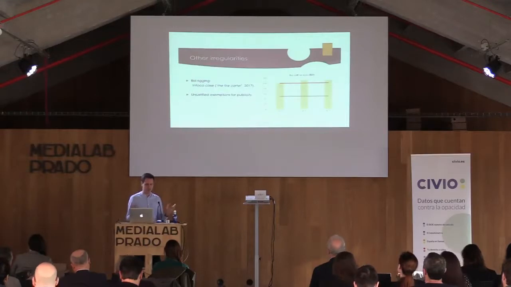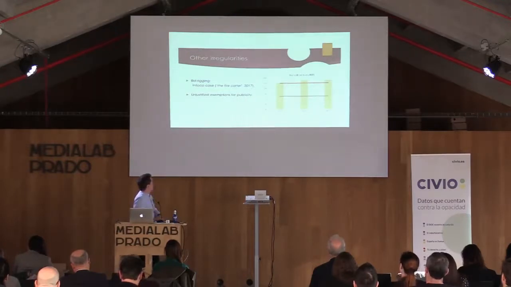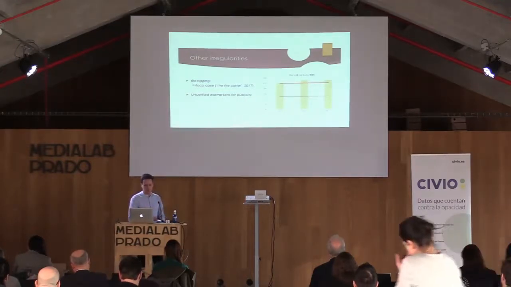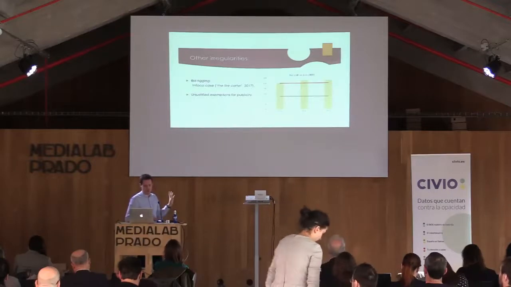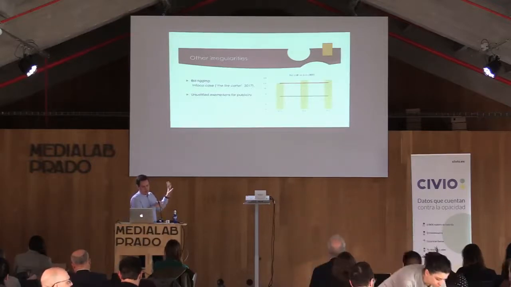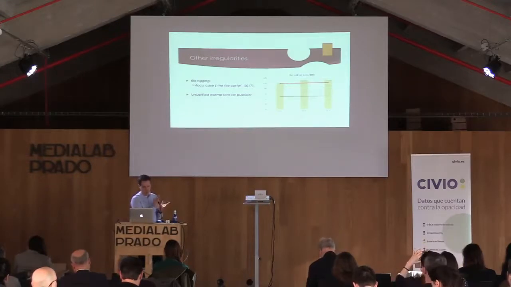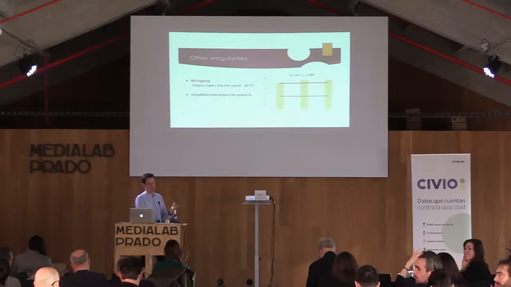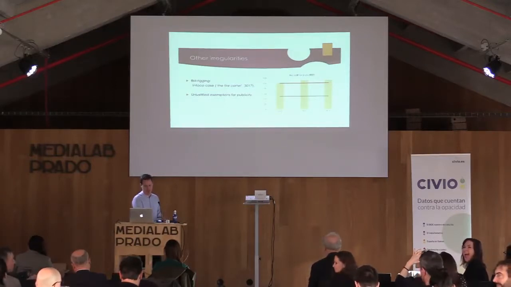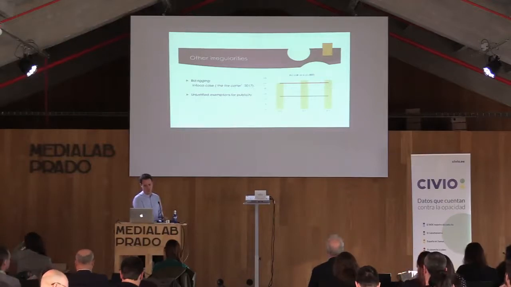And I could probably spend the rest of the evening and part of tomorrow talking about irregularities in Spain, but there's a tight agenda. So just really briefly, and because Daniel has been talking about it, I will not focus on it much more: collusive behavior between companies, with a lot of evidence of public administrations being aware of this happening and not taking action to sort it out, which leads once again to poor value for money.